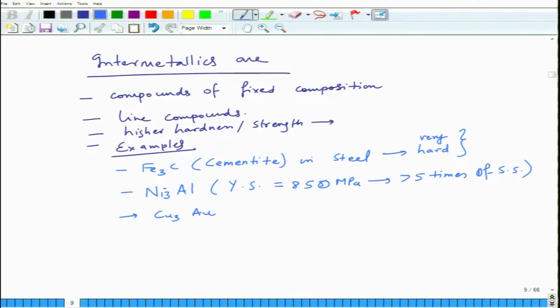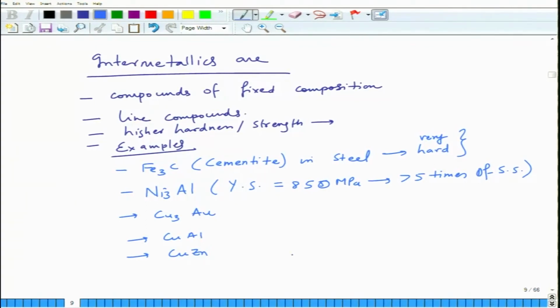These precipitates form in copper gold systems, and they again give rise to high hardness. Similarly, there are a lot of other systems. You have things like CuAl, I showed you CuZn. All of these intermetallics of fixed composition have high hardness.